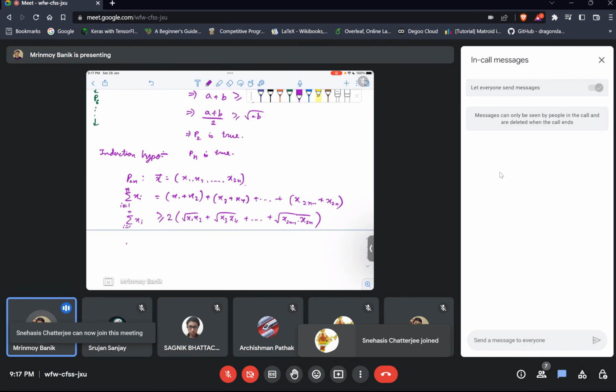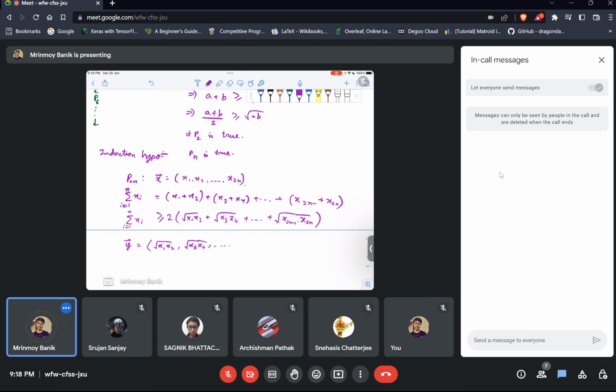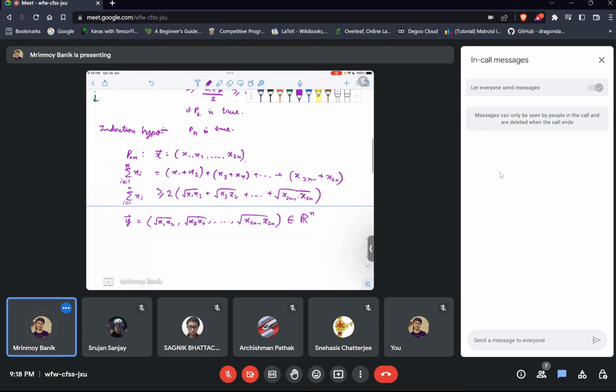Now we can consider a new vector y, which has n observations. The first one being square root of x1 x2, the next one is square root of x3 x4, up till square root of x2n minus 1 times x2n. So this is in R to the power n, a vector with n coordinates.